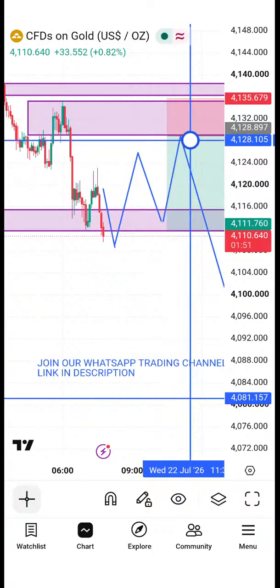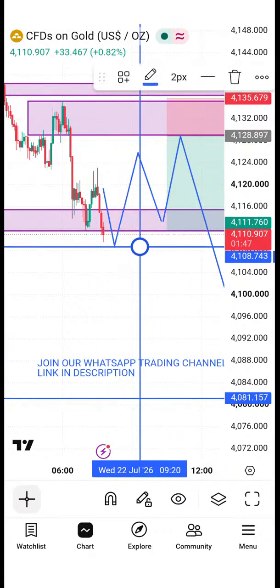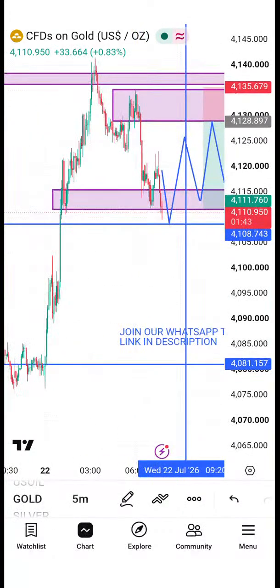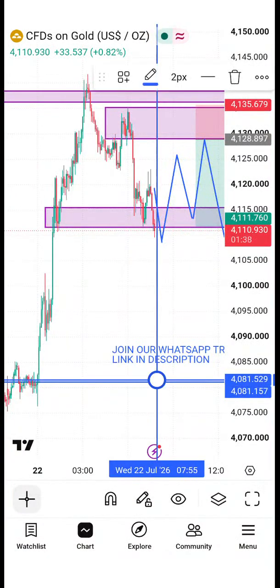If gold fails to come to our entry, we are going to ignore it for today. Then we'll wait for it to come here so that we take a buy.